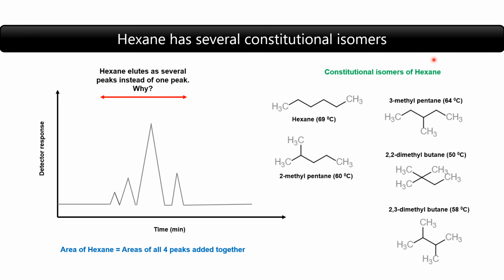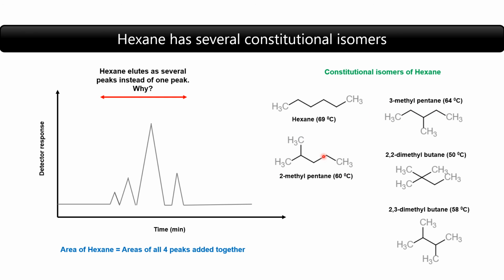So it could be a structural or spatial arrangement that is different, but the molecular formula is the same as hexane. So the hexane reagent that we use for the experiment can contain all of these constitutional isomers.